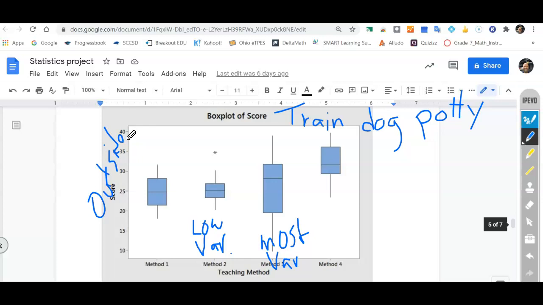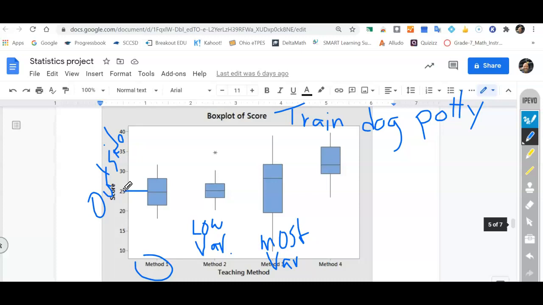Okay, so I recorded the results. This was method 1. We don't know what we did, but we know this is method 1. It went outside. The median number was 25 times. So we would just use that as an average because you can't calculate the average from these.